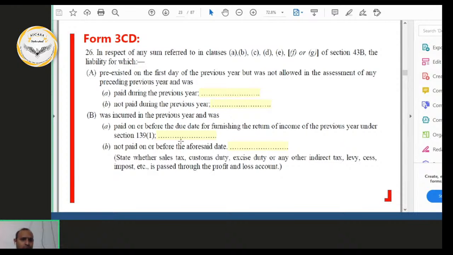Then box B, what has to be reported? Read once again. In respect of sum referred in section 43B, the liability for which was incurred in the previous year and was paid on or before the due date. Since many people are taking it that liability generally will be there only in the month of March, assuming that all others are paid, it is enough if they disclose only March month.